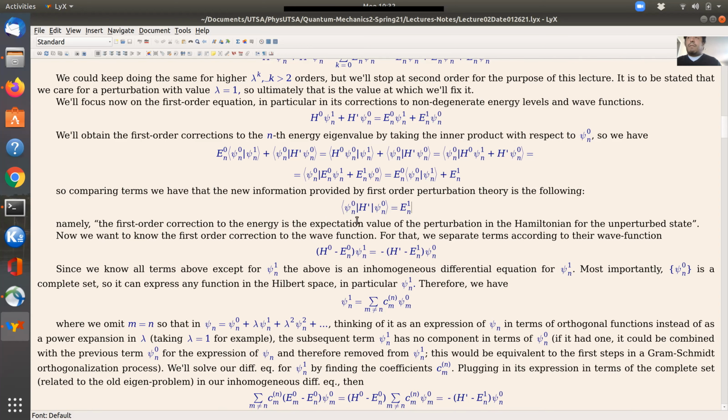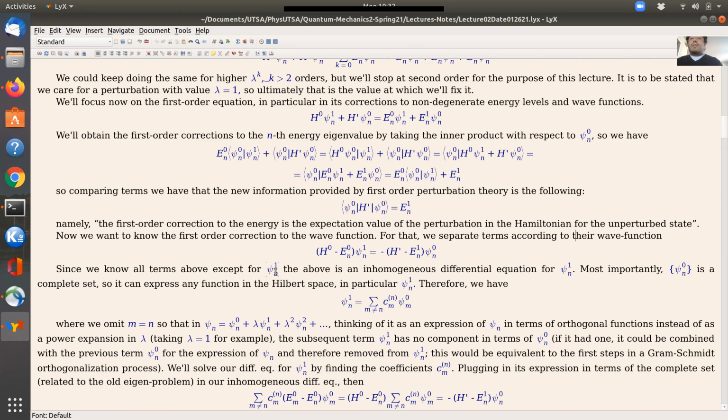So if I were to restate this, the first order correction to the energy, which is this, is the expectation value of the perturbation in the Hamiltonian. Remember, we will make lambda equal to 1 at the end for the unperturbed states because these are the wave functions of the old Hamiltonian. So this is what you're meaning. And this is an important interpretation of what is the first order correction. So just keep it in mind.